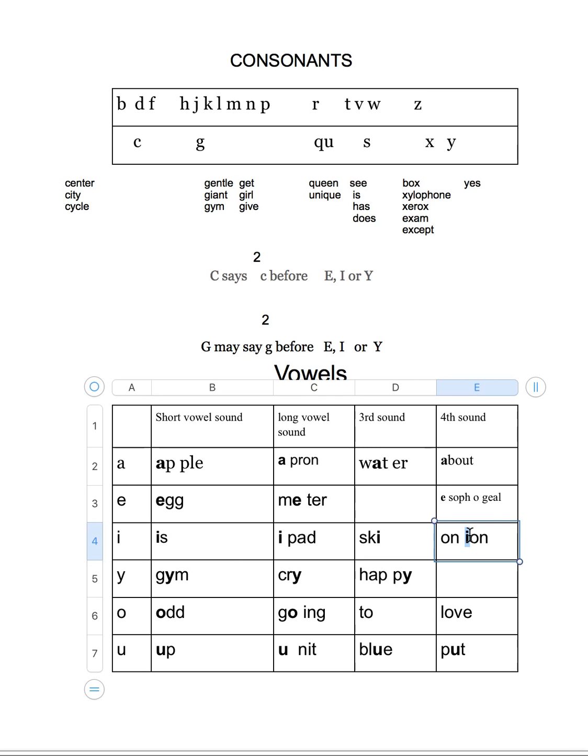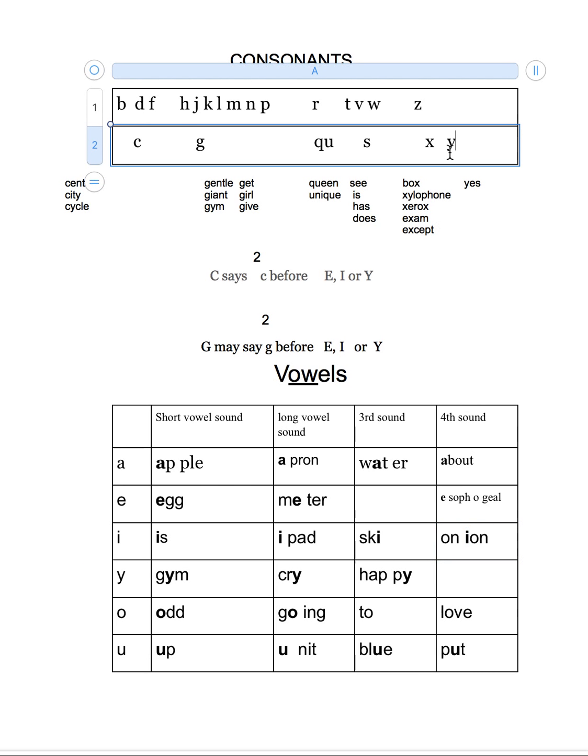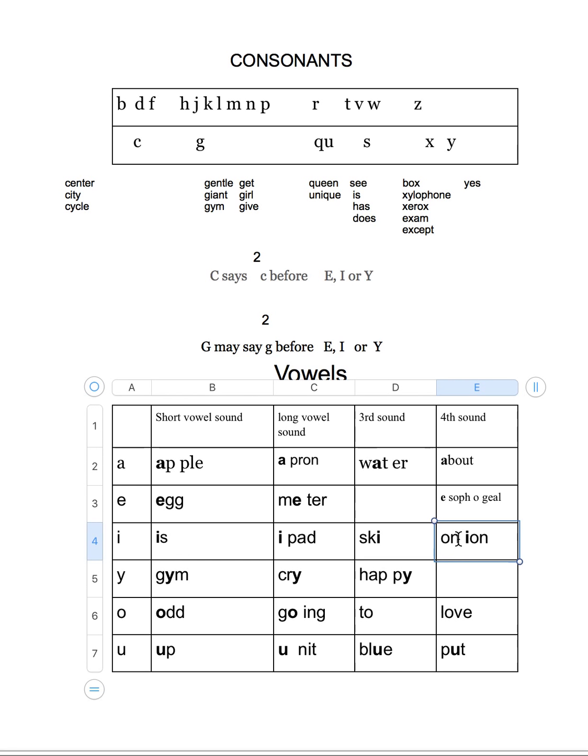The I says the yes sound, the consonant Y, like in yes. Onion. The I says y, so it's the same sound as the letter Y.